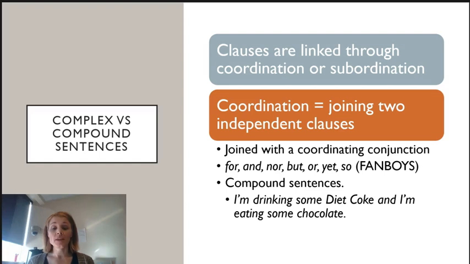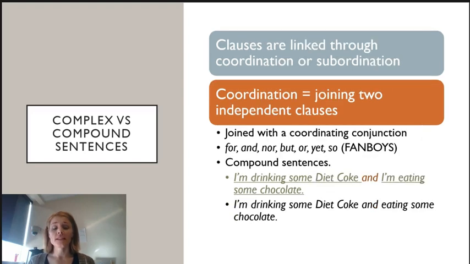So an example would be, I'm drinking some Diet Coke and I'm eating some chocolate. So we have two independent clauses joined with our coordinating conjunction in the middle, and. Notice that I'm drinking some Diet Coke is an independent clause. It expresses a complete thought. It can be a sentence all by itself, and same with, I'm eating some chocolate.